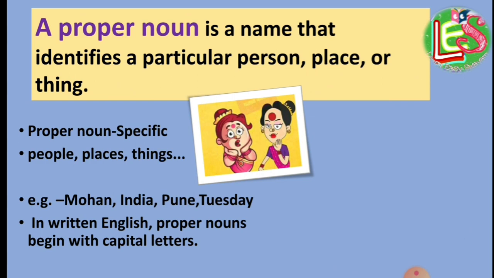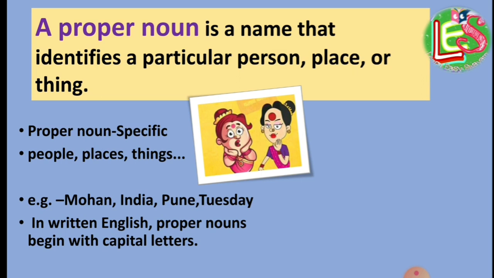Our next type of noun is a proper noun. As per the name, it is a name that identifies a particular person, places, or thing. Proper noun always indicates specific people, places, or thing. For example, Mohan, India, Pune, Tuesday.